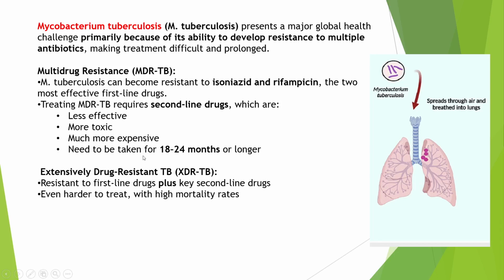It needs to be taken for about 18 to 24 months or even longer depending on the severity of the case. And extensively drug-resistant TB is resistant to the first-line drugs plus key second-line drugs.